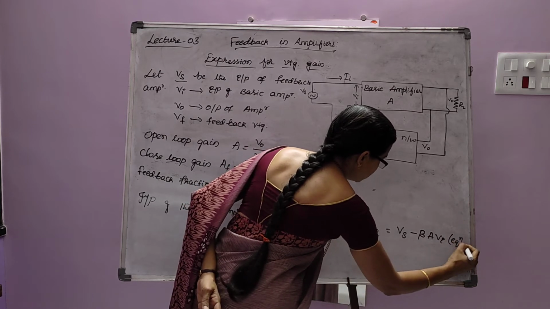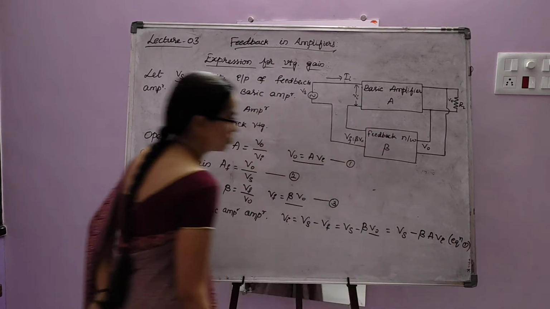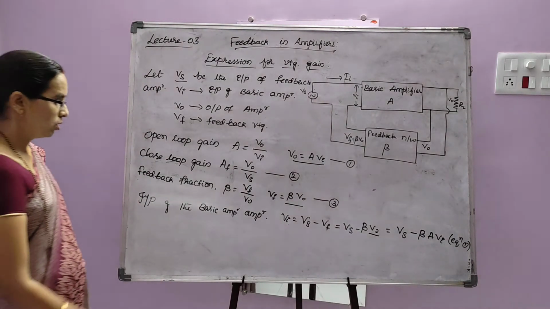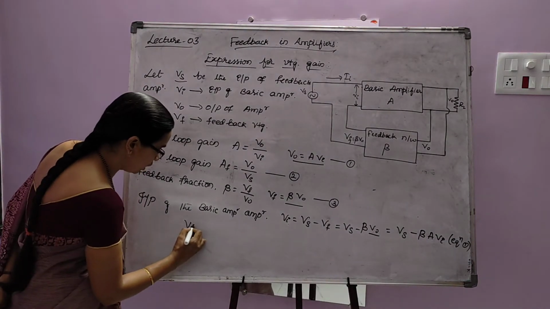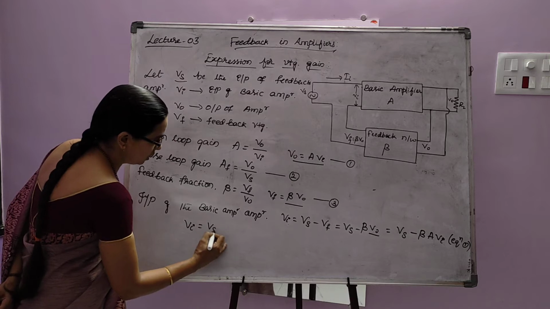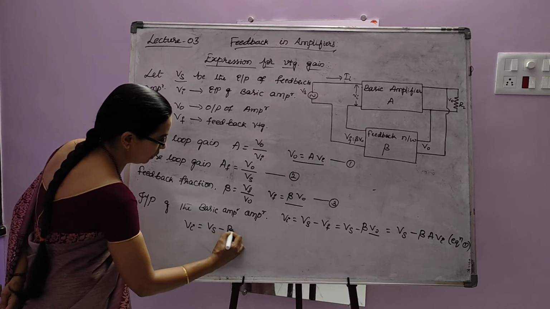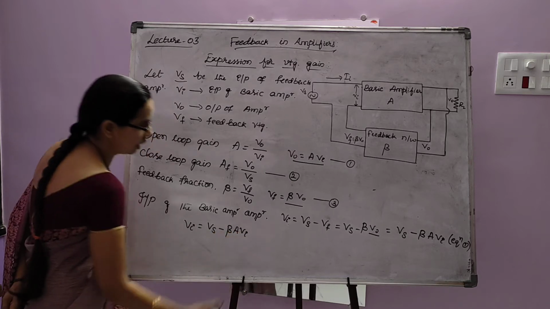It is represented using equation 1. So now we have Vi is equal to Vs minus beta A into Vi.